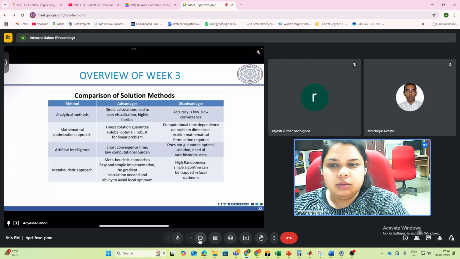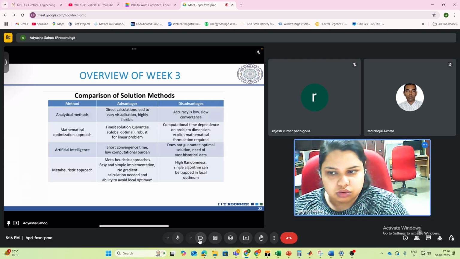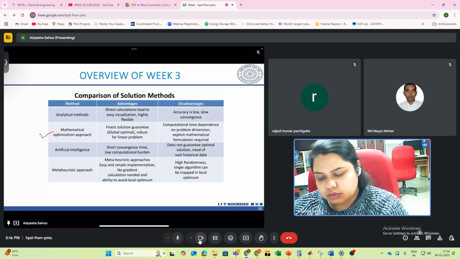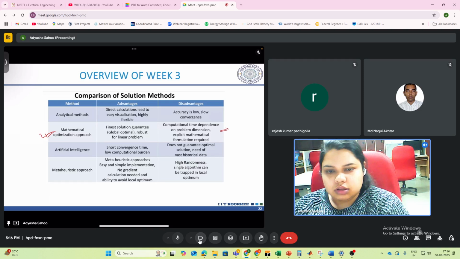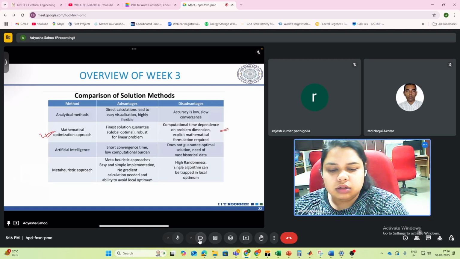And obviously, it will have slow convergence and the accuracy will also be low. Then next is the mathematical optimization approach. That comes under the classical optimization techniques. So that will always give you optimal solutions, and for linear problems, at least, it will always give you the global optimal solution. For non-linear problems, there are some concerns that we'll see.